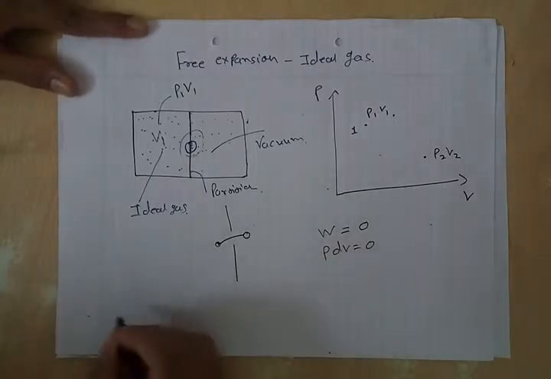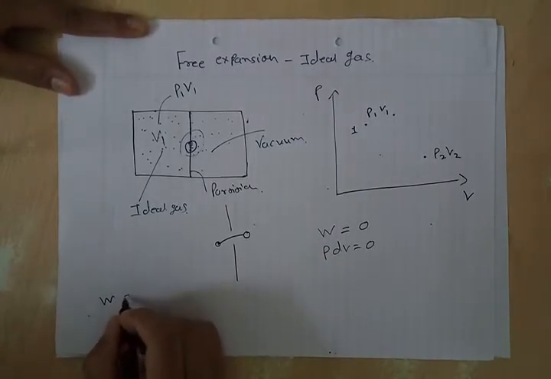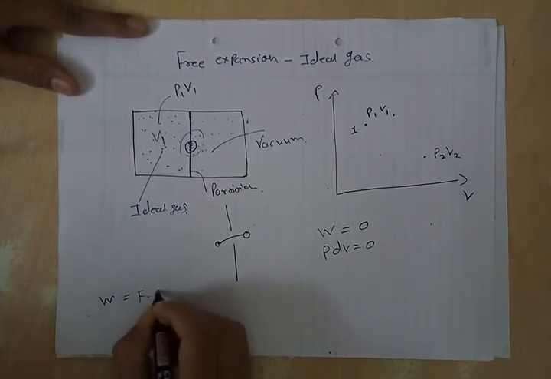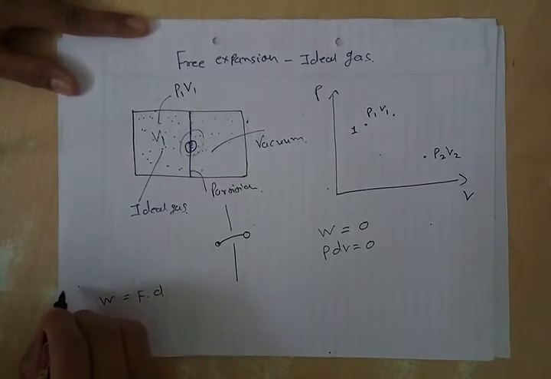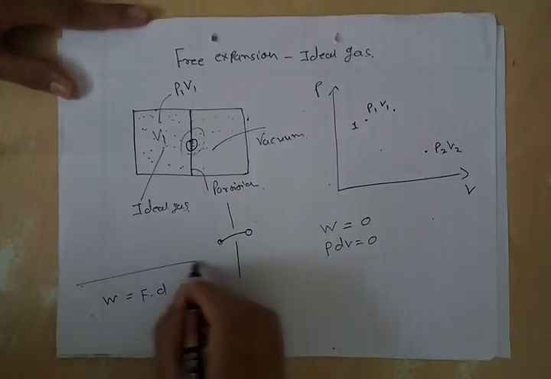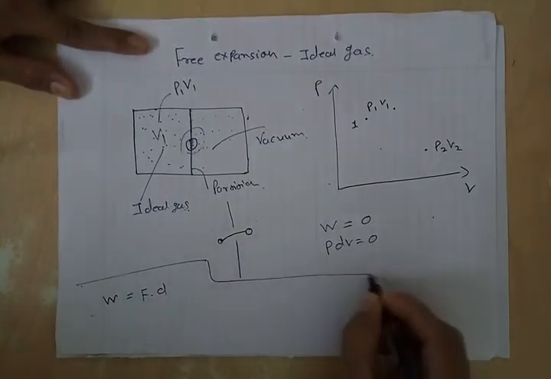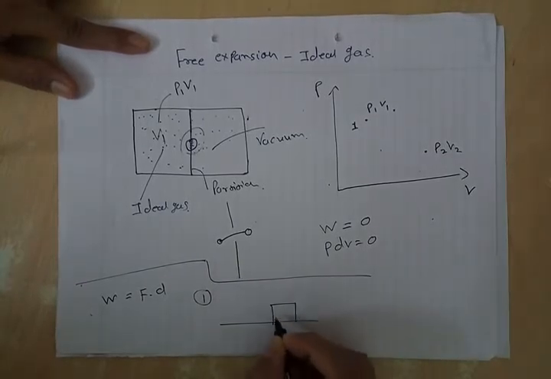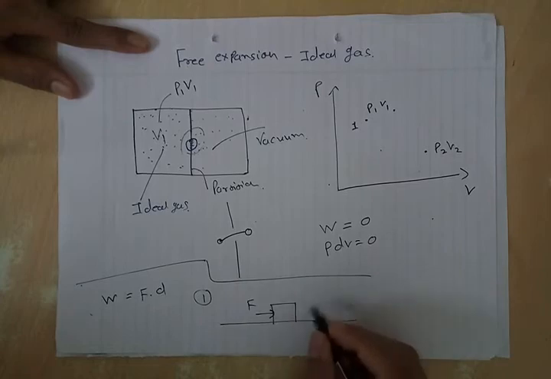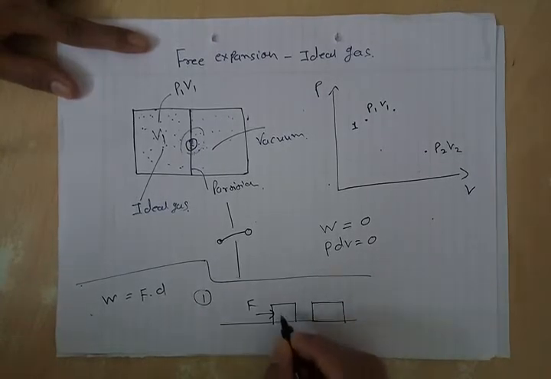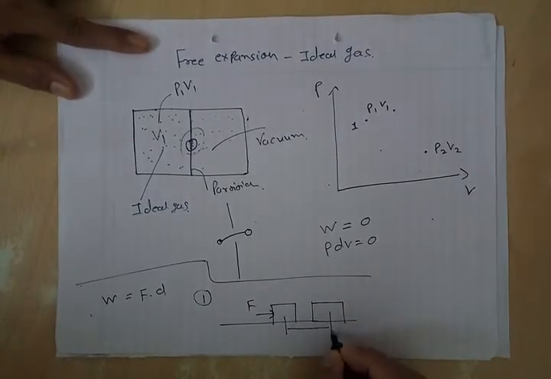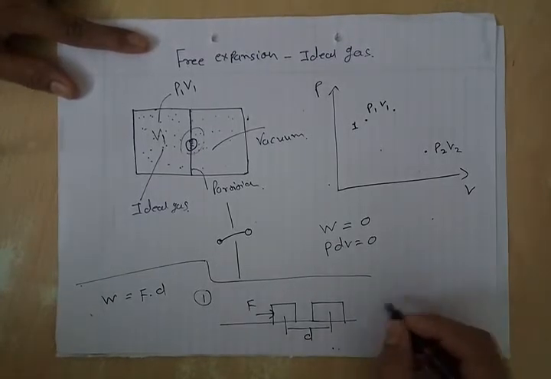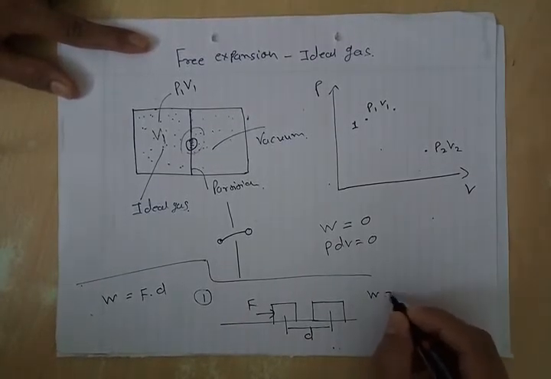So actually this work W is defined only when the resistance is present. So let us say this is a block and this is a rough surface. When we exert force F to this block and we move this block from this position to this position up to d distance, then we will call work equal to F into d.